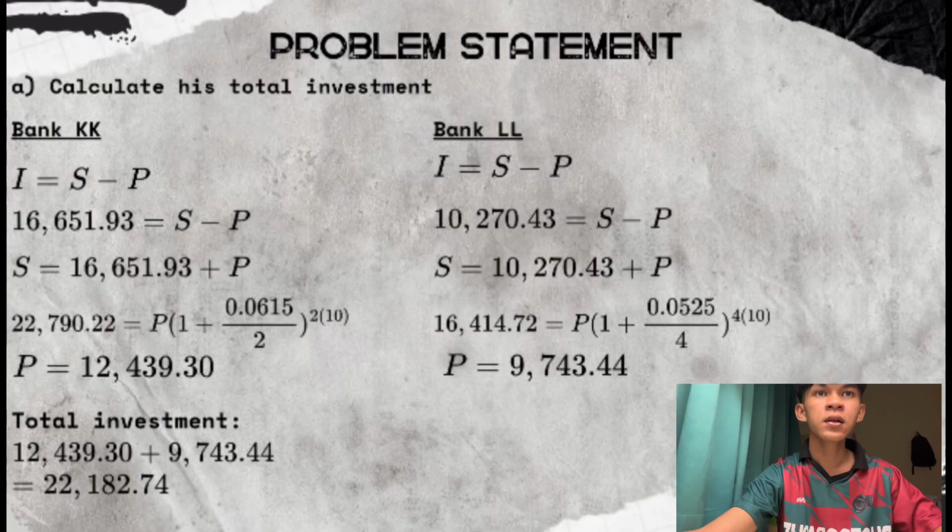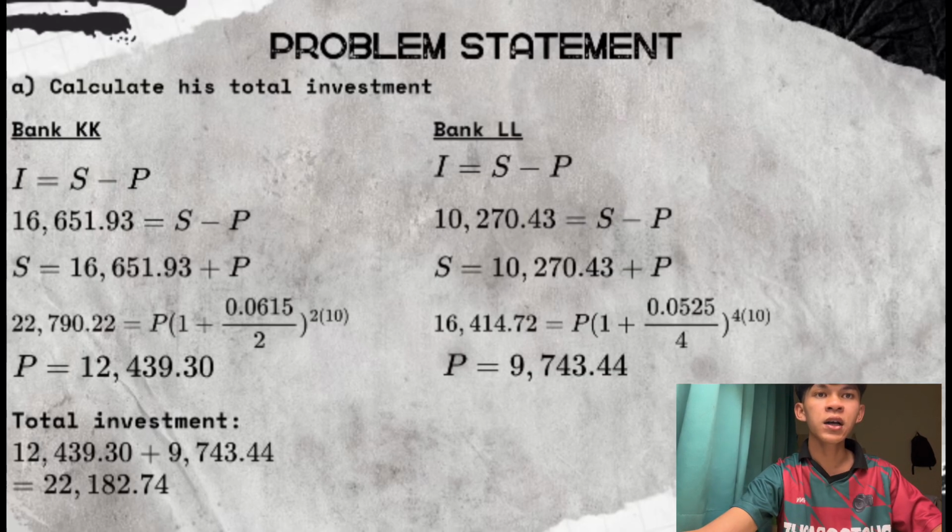So for Bank LL, we can solve using the same formula. 10,270.43 equals S minus P. Then we do the same steps for Bank LL. We make S the subject, so S equals 10,270.43 plus P. So we get 16,440.72 equals P bracket 1 plus 0.0525 over 4 bracket, power of 4 times 10.